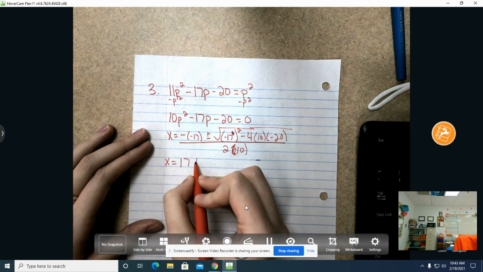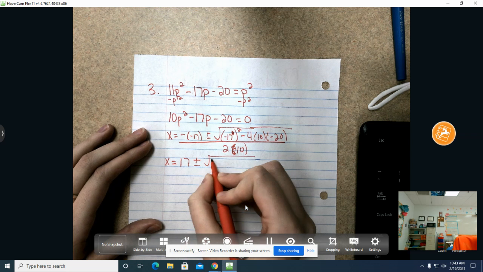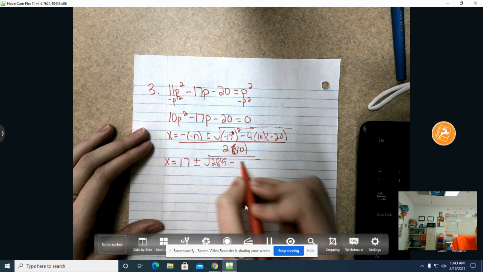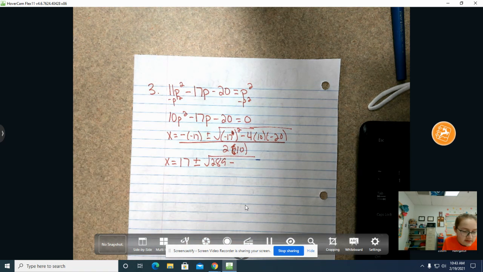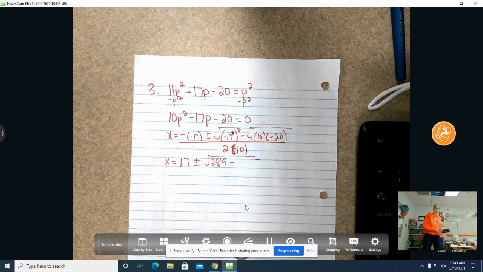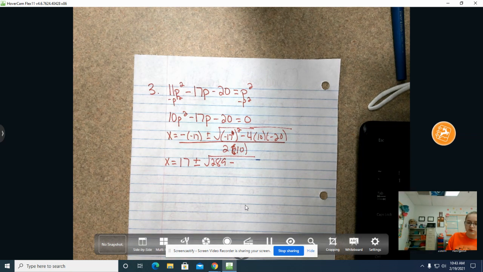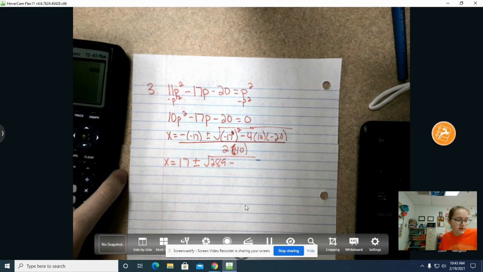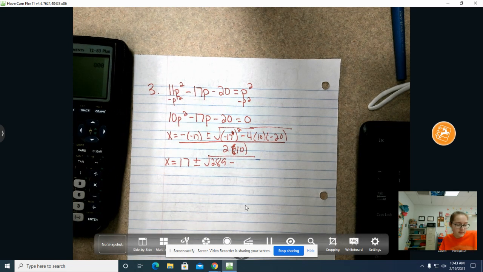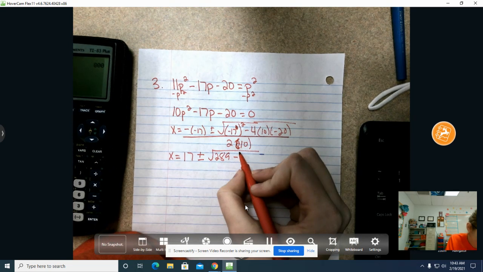So x equals 17 plus or minus the square root of 289 minus 4 times 10 times 20 is, I believe, 800. Yep. So it's going to be minus a negative 800.